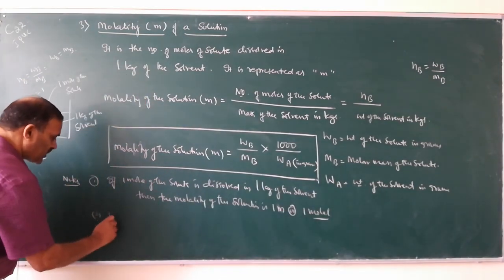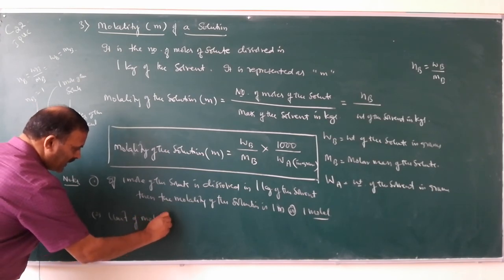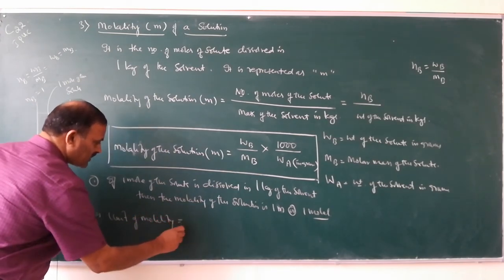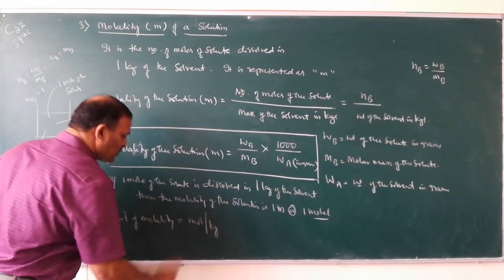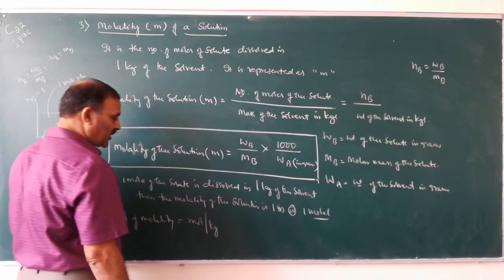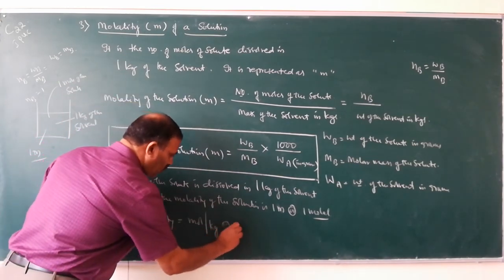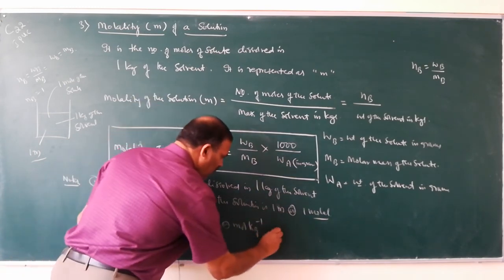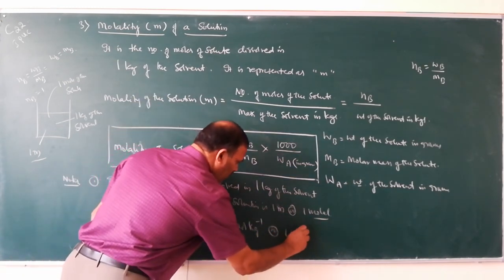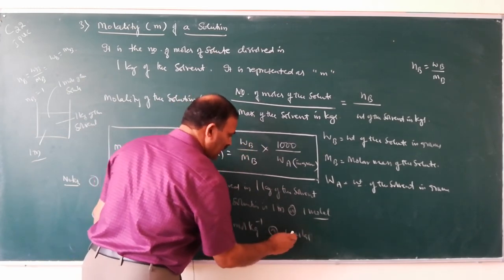What is the unit? The unit of molality is mole per kg, or mol kg to the power of -1, or 1 molal. It is called molal.